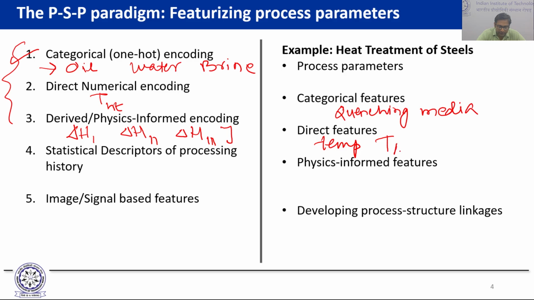So let's call this the austenizing temperature, something of this sort. Then you can have the physics informed features. So now you can basically try and leverage the information that you get from phase diagrams or something that you get from a TTT diagram. So all of those things you can include, and then after that you have to develop this process structure linkage.